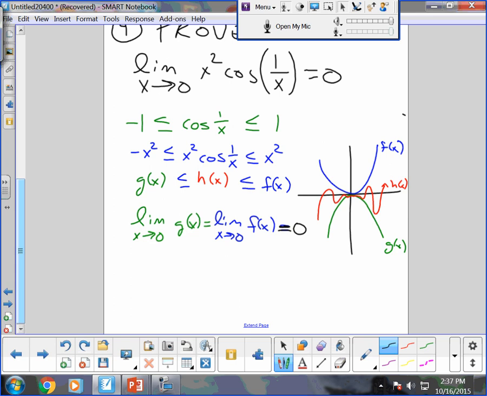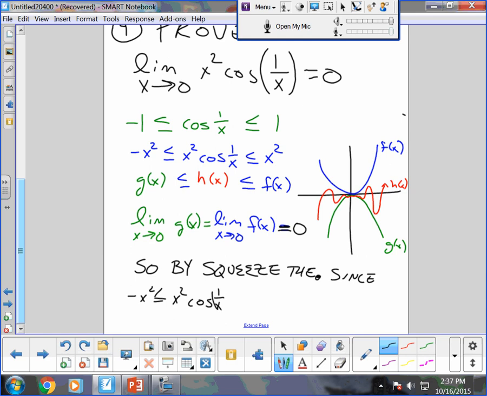So, now we got to make a sentence. All right? So, we better call it squeeze, not sandwich theorem. Your book calls it squeeze. By squeeze theorem, since negative x squared is less than or equal to x squared cosine 1 over x is less than or equal to x squared.